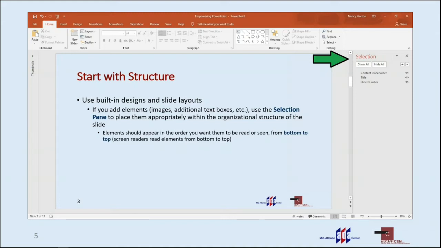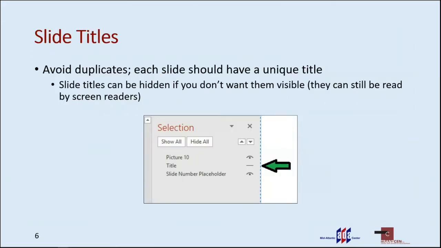So as a result, it looks like this particular slide has no title, just a slide number and an image, which brings us up to our next accessibility tip on slide number 6, which is about slide titles.